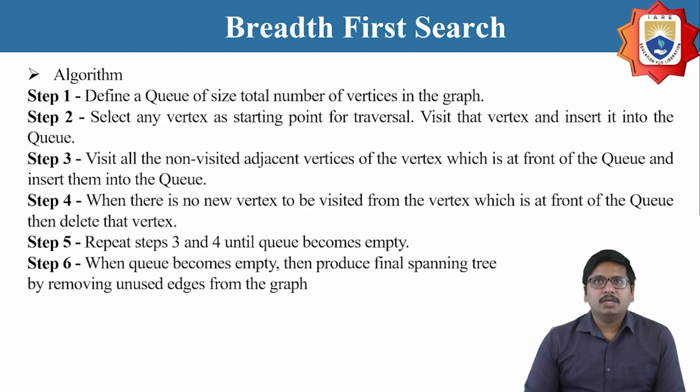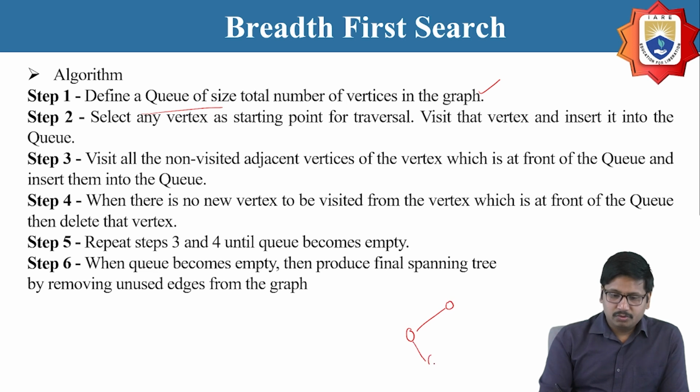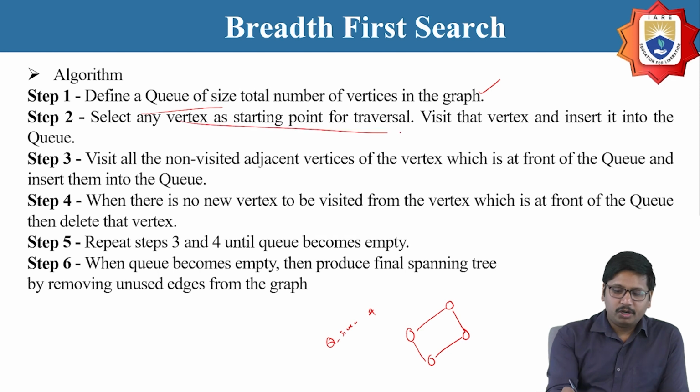So what should be the algorithm for this? First we have to define a queue size for the total number of vertices in the graph. Suppose I have a graph, we first define the queue size, how many vertices are there in the graph, and then we select any vertex as the starting point of the traversal.